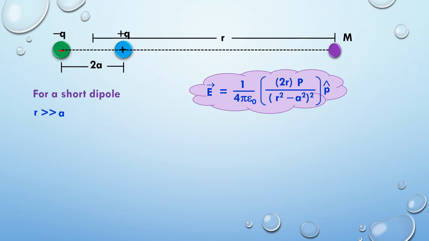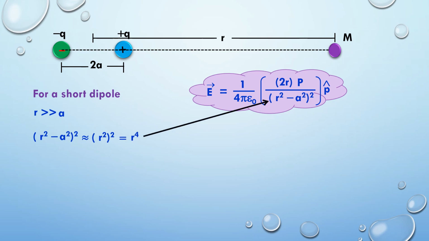Therefore, electric field is equal to 1 upon 4 pi epsilon naught into 2r into p upon (r squared minus a squared) the whole squared into vector p, which was the end result that we found using the same relation. As r is much greater than a, (r squared minus a squared) the whole squared will now be equal to (r squared) the whole squared, as a is neglected, or you can consider a to be a negligible term.